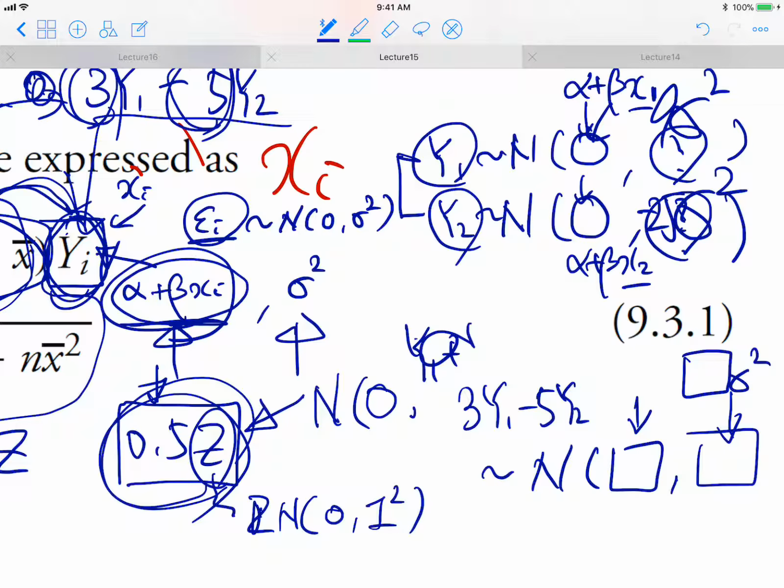So yeah, I'm just reviewing what we learned in this class. More exactly, it's 3y1 and minus 5y2, and then it has this 9 sigma squared and 25 sigma squared. Okay, and then the variance of this will be what?